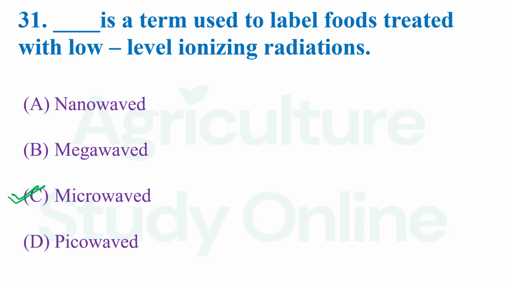This non-ionizing radiation is safe for food processing, and it is commonly used in cooking, in reheating, or in the food processing sectors, whereas nano-waved, mega-waved, pico-waved, these all are not the correct terms. So correct option is option number C.